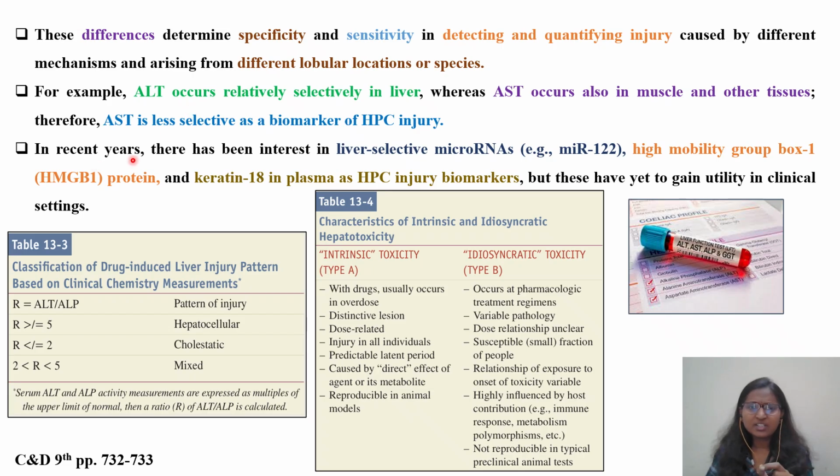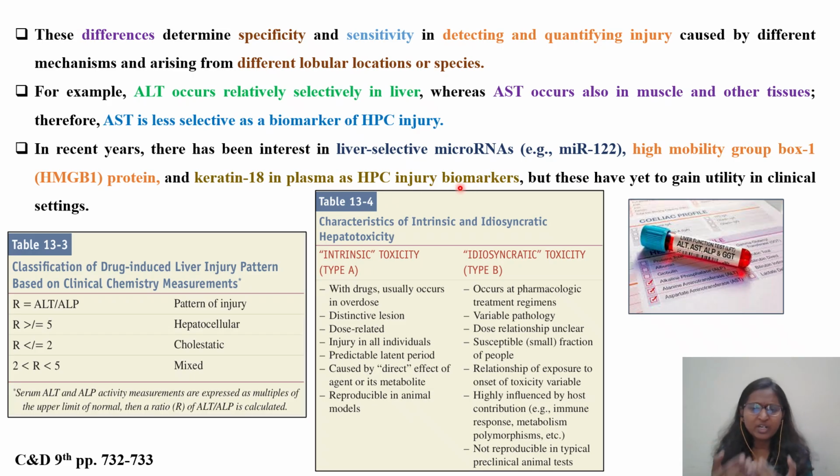In recent years, there has been interest in liver selective microRNA, for example miR-122, high mobility group box 1 (HMGB1) protein, and keratin 18 in plasma as hepatic parenchymal cell injury biomarkers.